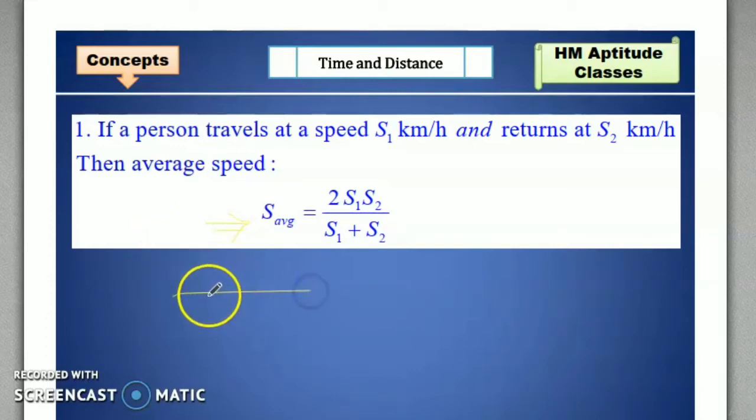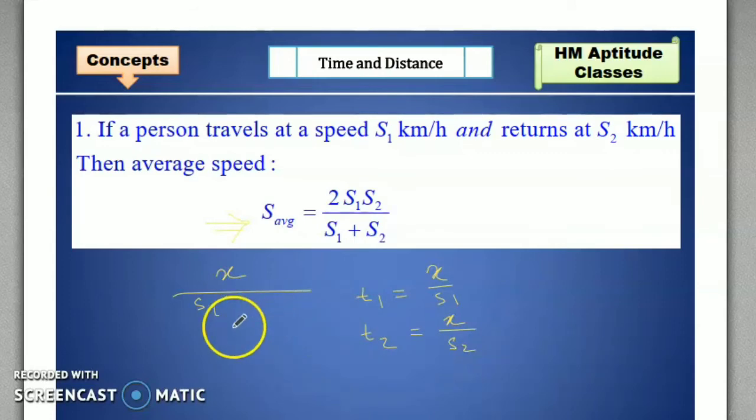It is given that distance x is traveled at a speed s1, so the time taken t1 is equal to x upon s1. Then again the distance x is traveled back at speed s2 in time t2. So the overall time is t1 plus t2 and the overall distance is 2x.